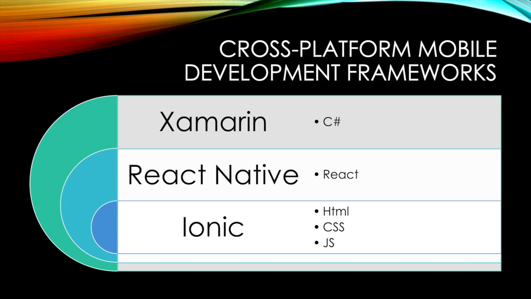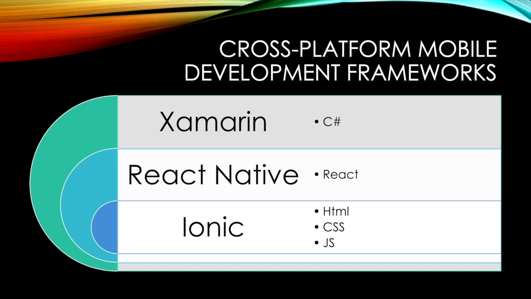The first one is Xamarin. They use what is called C Sharp. C Sharp is a programming language of Microsoft. The second one is React Native. They use React as a programming language. And the other one is Ionic.